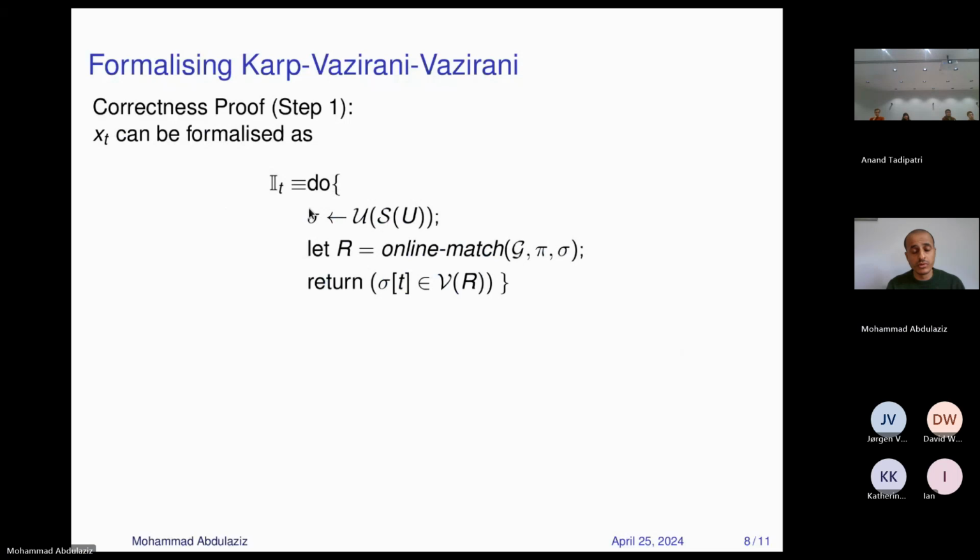You first randomly draw sigma, uniformly drawn from all permutations of U, and then you give that sigma to the algorithm that goes through the online vertices and adds edges recursively as it goes through every online vertex, and then you return true if and only if the sigma of T, the vertex at position T, was a member of the matching computed by ranking.